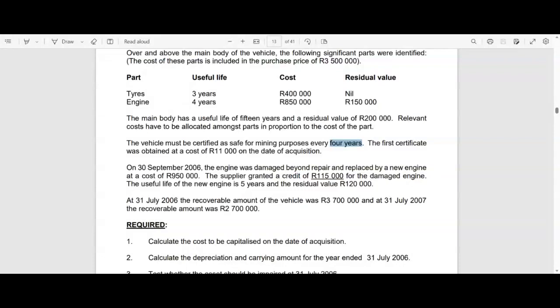But anyway, the idea is just to complete that question that we spoke about last time, the one where we had to de-recognize a certain part and recognize a new part. In other words, a replacement of a part. And like I said, we're going to probably do question two from the question bank, which deals with an asset exchange.